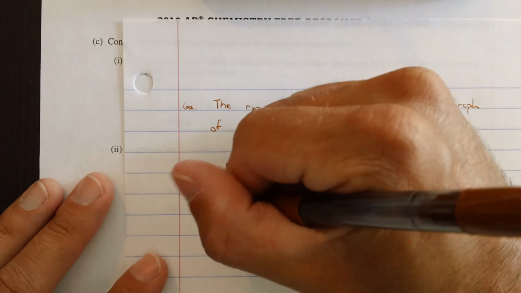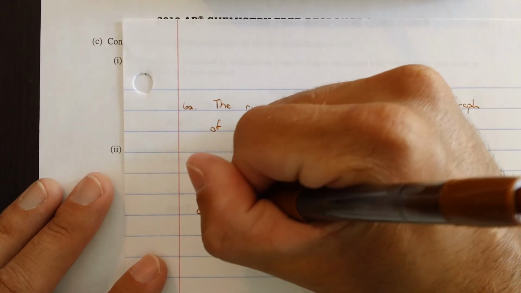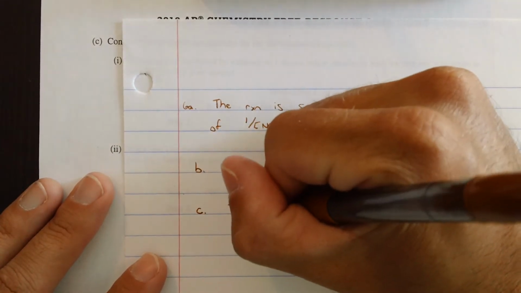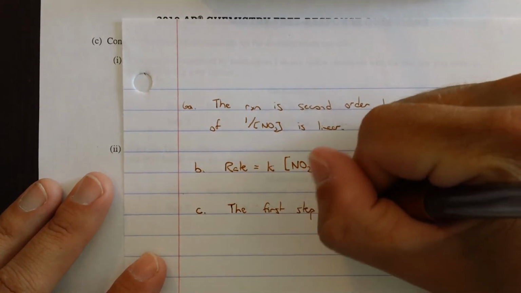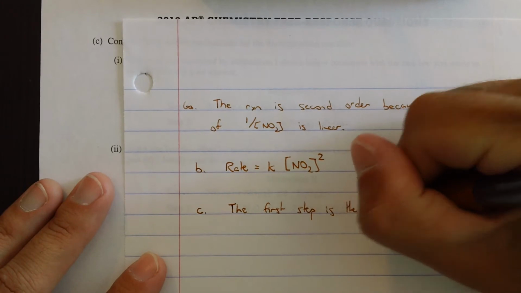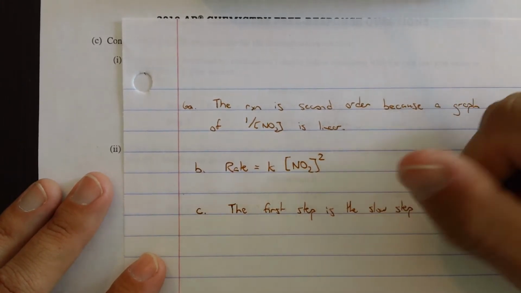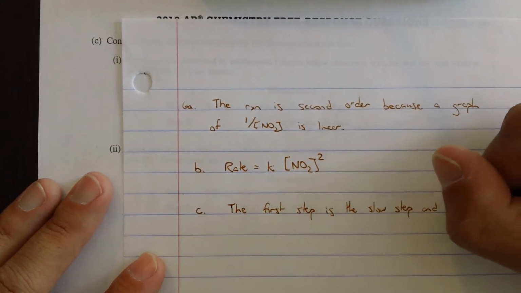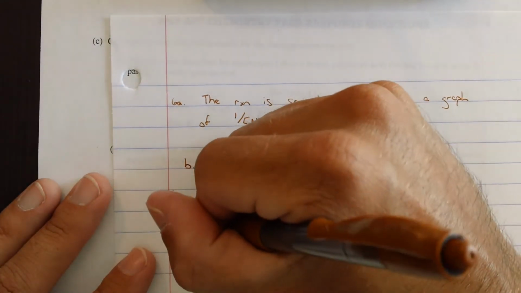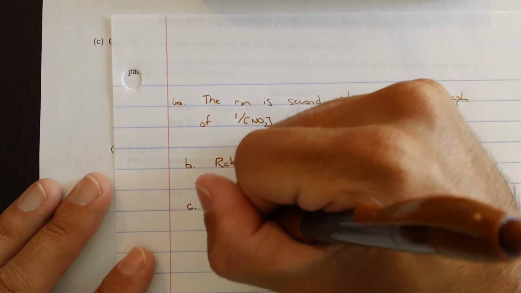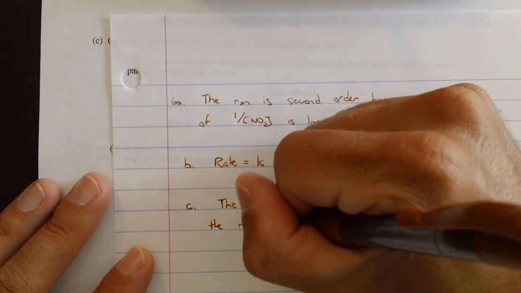And the explanation is the first step is the slow step, and therefore the rate determining step.